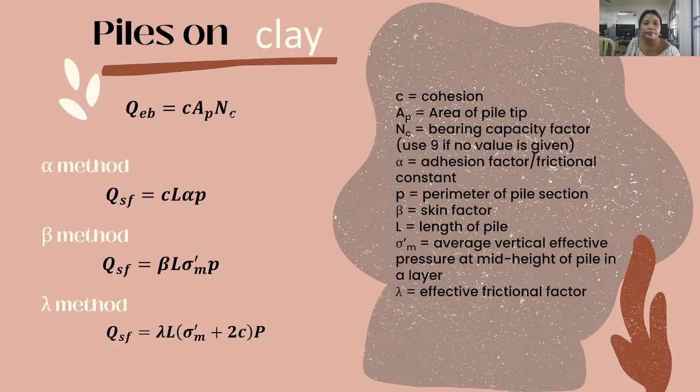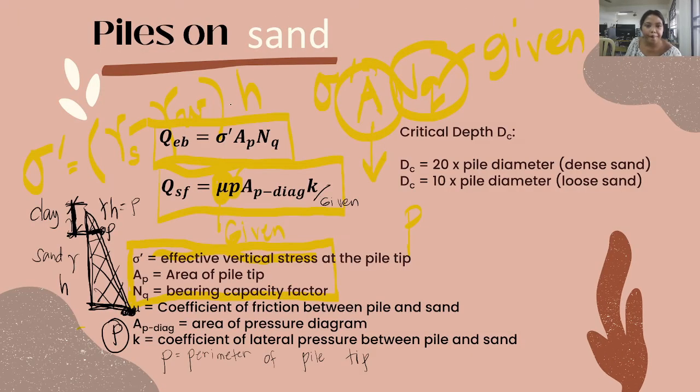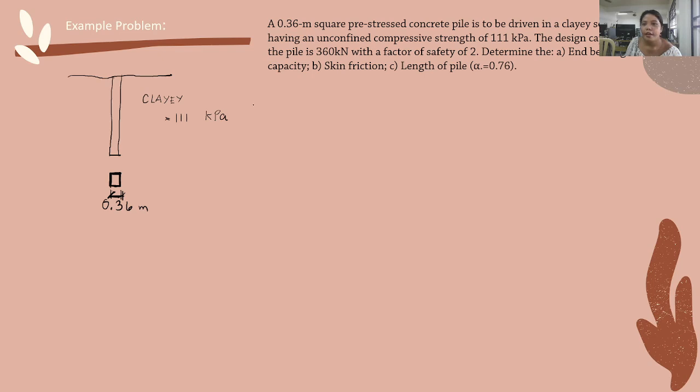The design capacity of the pile is the load that is applied to the pile, at 360 kilonewton. And then the factor of safety given is equal to 2.